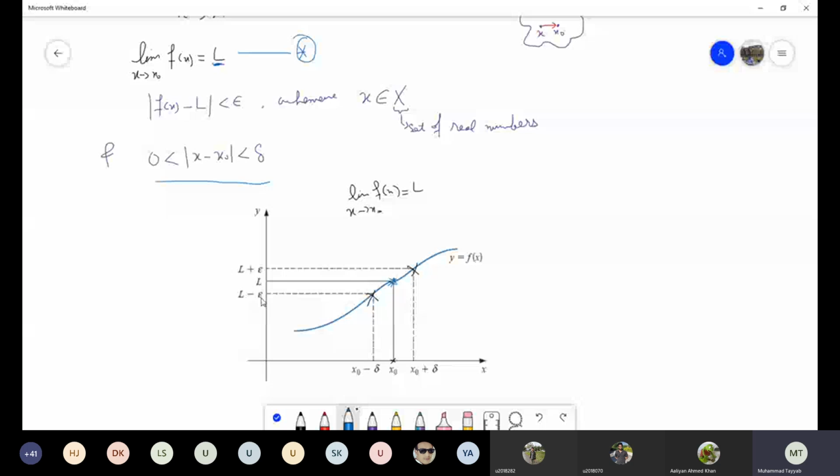But the point is, one can say that L minus epsilon is less than L, which is less than L plus epsilon. So this will be called upper bound, and this will be called the lower bound.